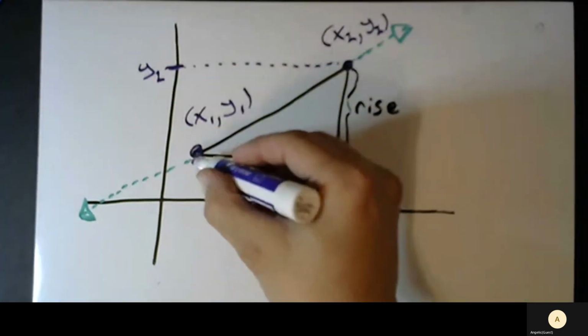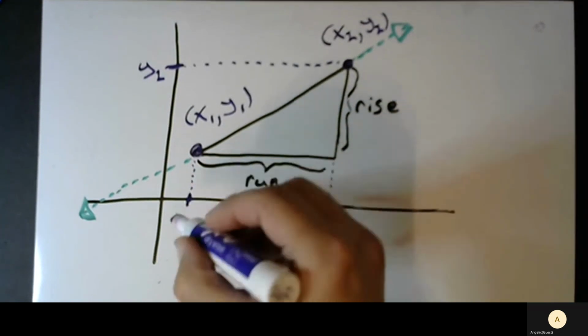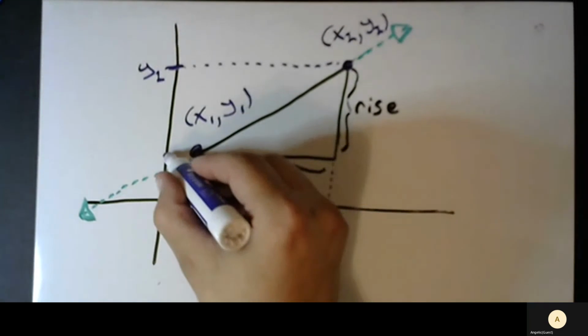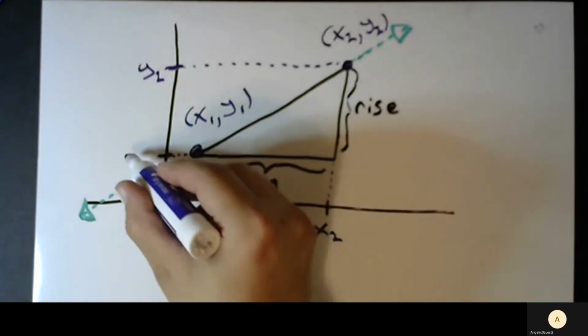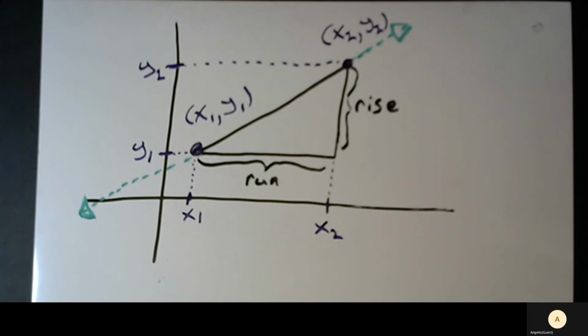For x1, y1, here's the x component, and there's the y component. So those are the 2 points that are on this line.